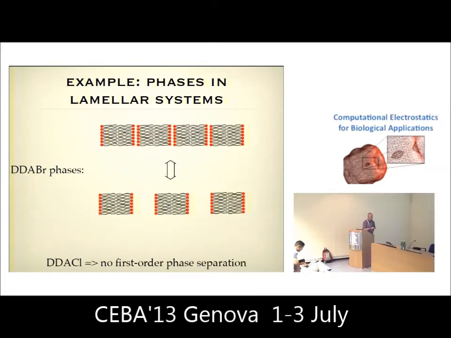The kind of systems that people see for these bilayers is that you have one phase with a very narrow water phase, and then you have the oily phases here. Then there's another, this is called L alpha, or maybe L alpha prime, I don't remember.